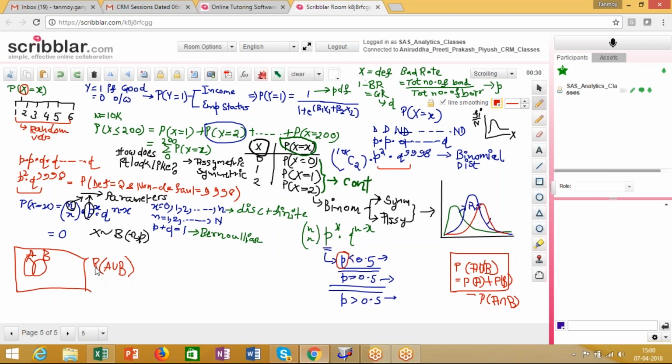There are three groups of people who would get admitted into the process. So what is the probability that group A or group B gets admitted?